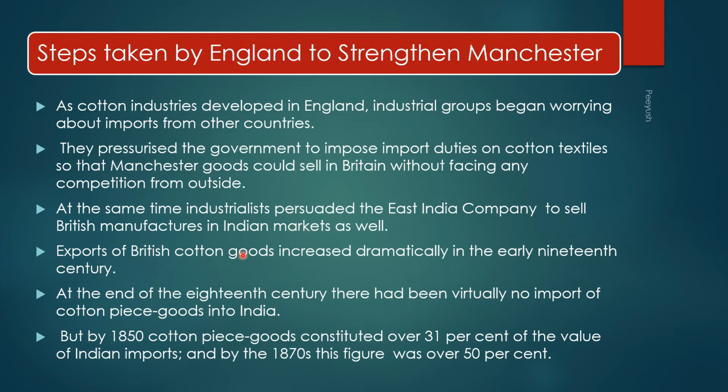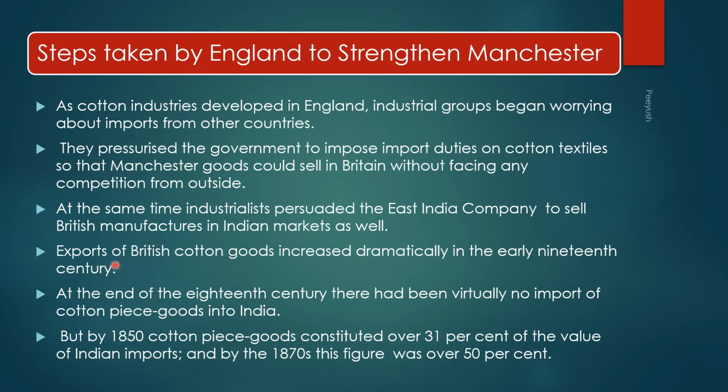Exports of British cotton goods increased dramatically in the early 19th century. And hence, what did the British government do? They increased taxes on imports in England, and eventually the products stopped coming to England. No competition for Manchester, and Manchester captured the local market of England.